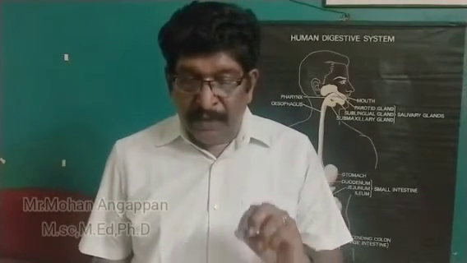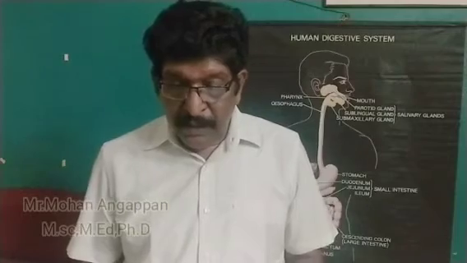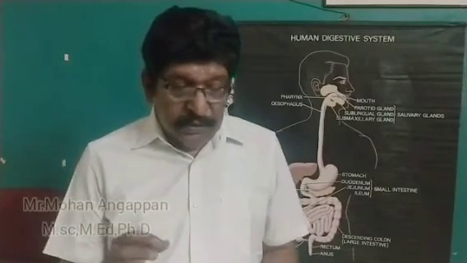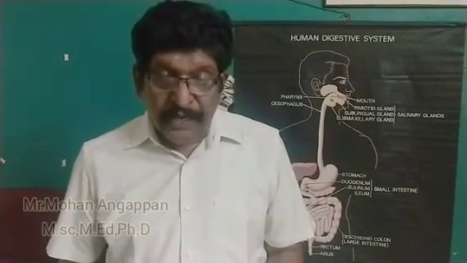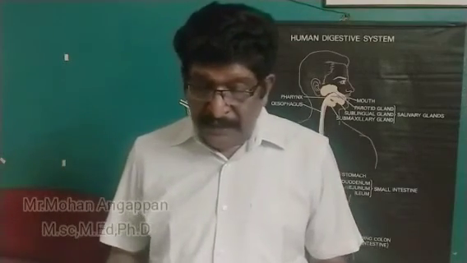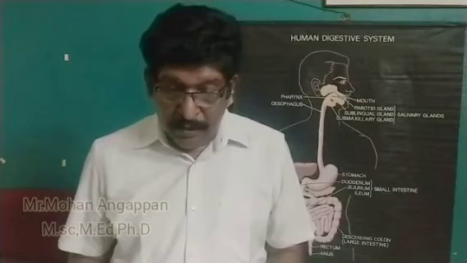Now I will give a short idea about the different absorption in different parts of the digestive system. In the mouth, some drugs are absorbed. In the stomach, water, glucose and alcohol are absorbed. In the small intestine, glucose, fructose, fatty acids, amino acids and glycerol are absorbed.